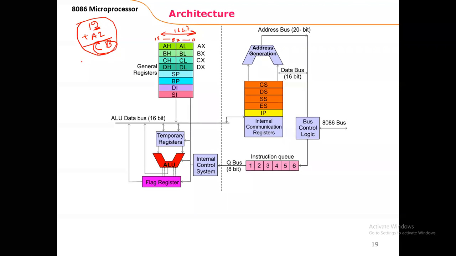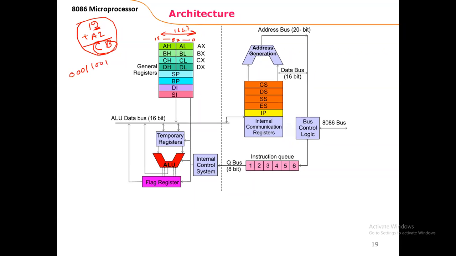This 19 means binary 0001 1001, and A2 means A is 1010 and 2 is 0010. So this is 8-bit binary, and this is also 8-bit binary. Okay, convert to hexadecimal. All clear? Yes.